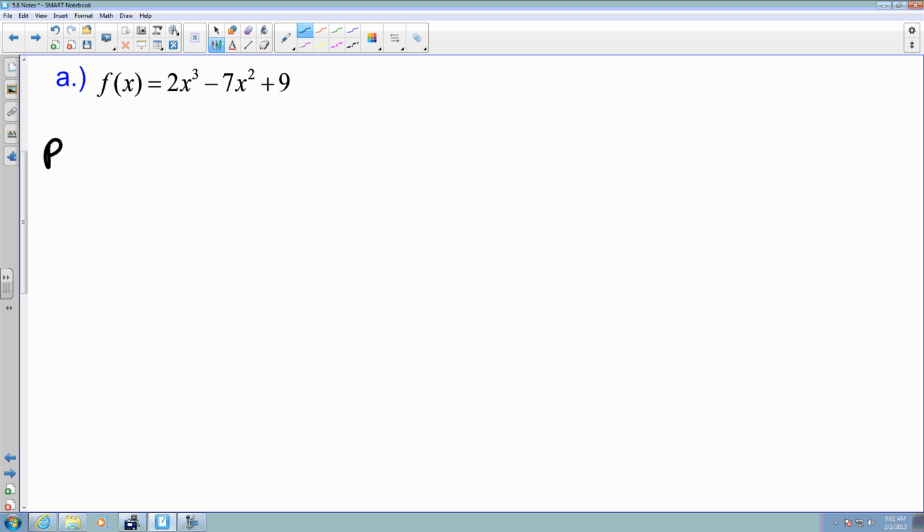So my P over Q again, my constant is 9 and my lead coefficient here is 2. Finding the factors of 9 and 2, I have plus or minus 1, plus or minus 3, and plus or minus 9. For my denominator, it says plus or minus 1 and plus or minus 2.